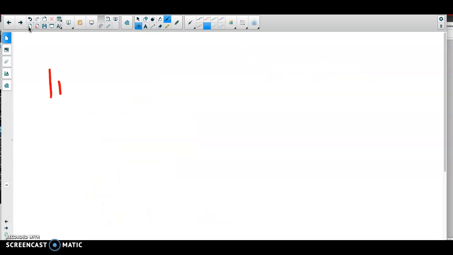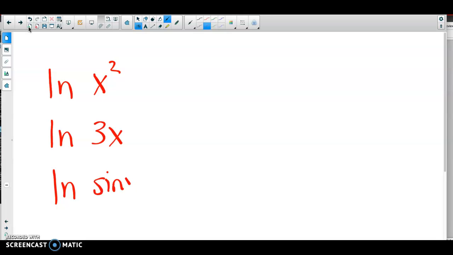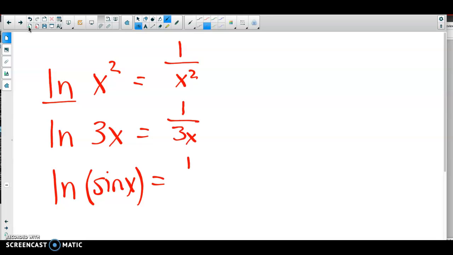I'll write 3 down: ln of x squared, ln of 3x, and then ln of sine of x. The outside function on all of these is ln, so the derivative of ln is 1 over what we started with, times the derivative of the inside, which is this right here.